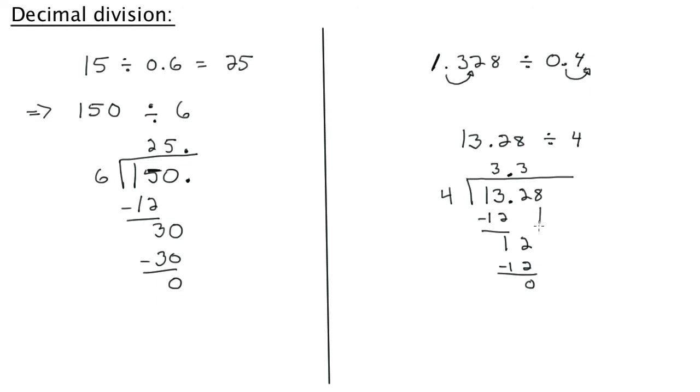There's another digit left to divide. That 8 has to be taken care of. Bring it down. There's 8. 4 goes into 8 2 times. Therefore, 1 and 328 thousandths divided by 4 tenths is 3 and 32 hundredths. And voila, that's how you do it.